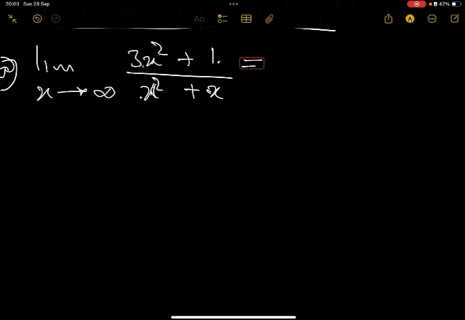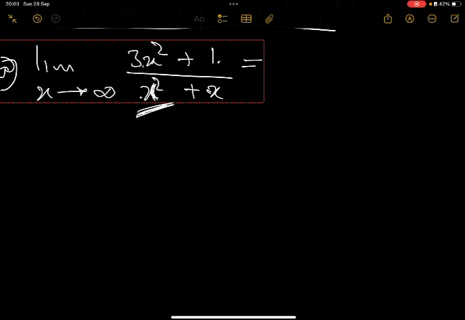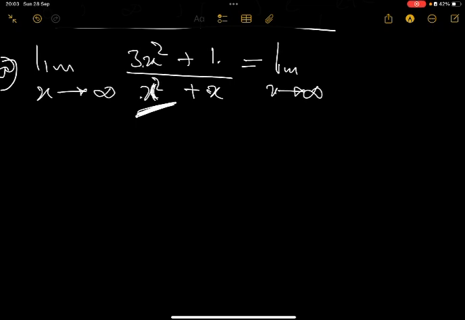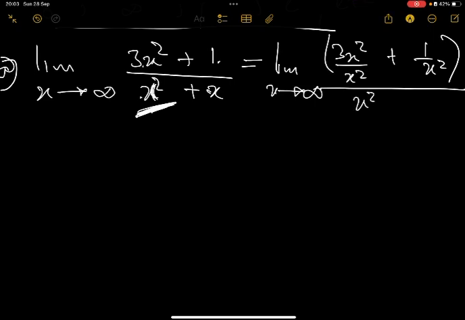We check at the denominator. Our variable with the highest power is x squared. So you have to divide each and every term of the function by x squared. So we say limit as x approaches infinity of 3x squared over x squared, plus 1 over x squared, over x squared over x squared plus x over x squared.